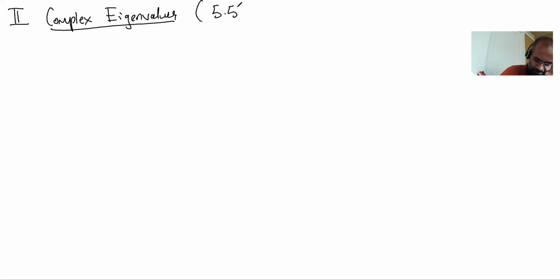Let me now move on to a different topic, complex eigenvalues. This is section 5.5 in the book.